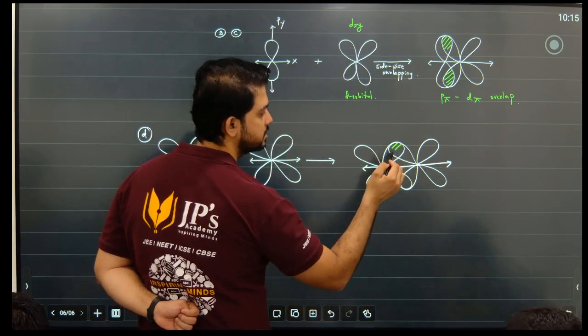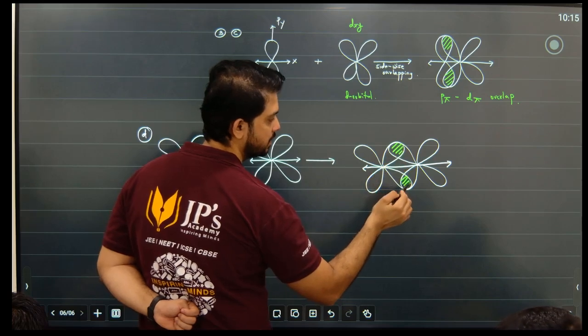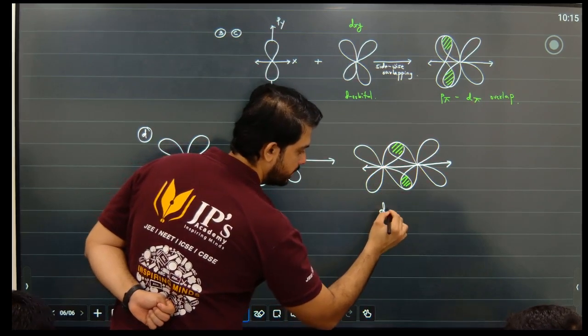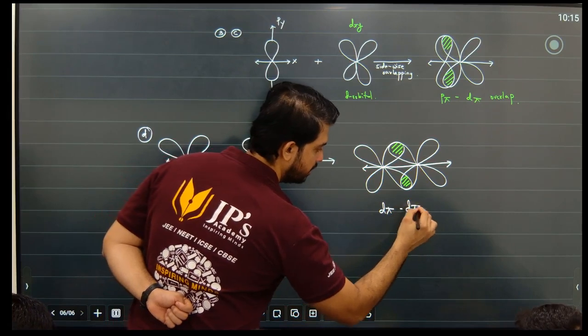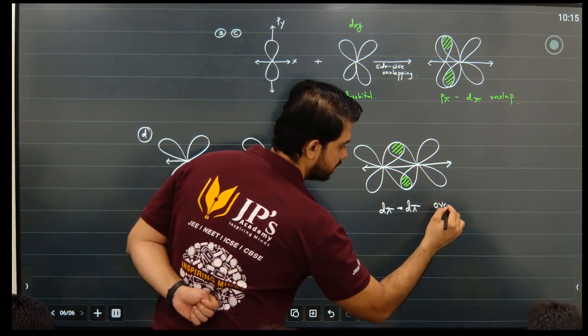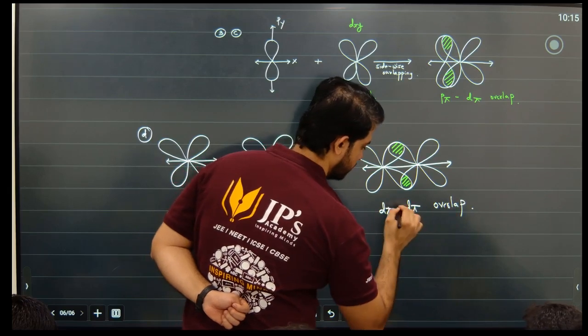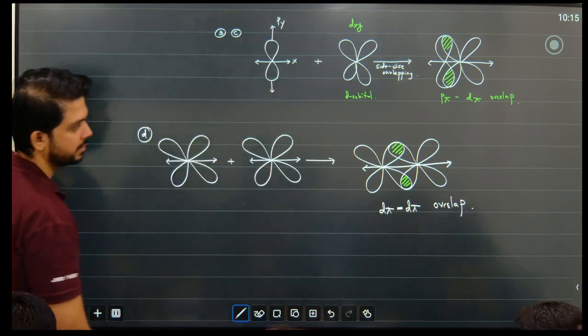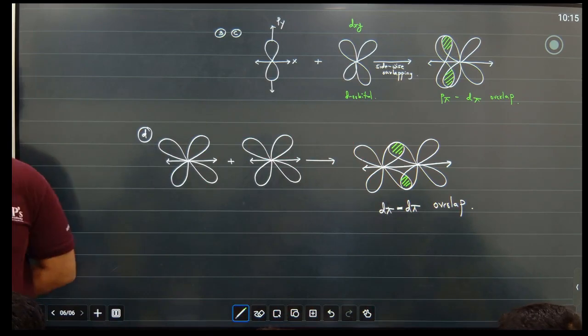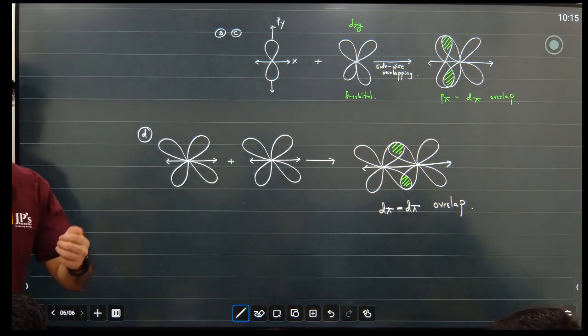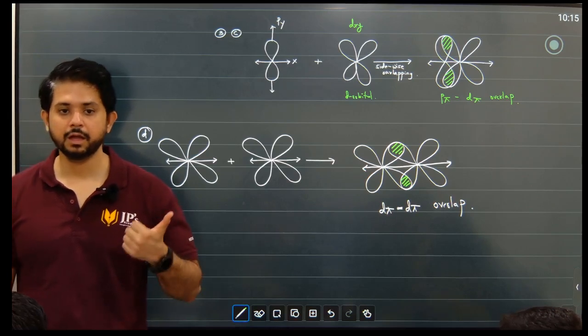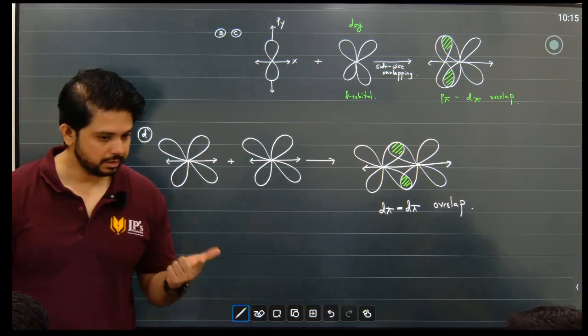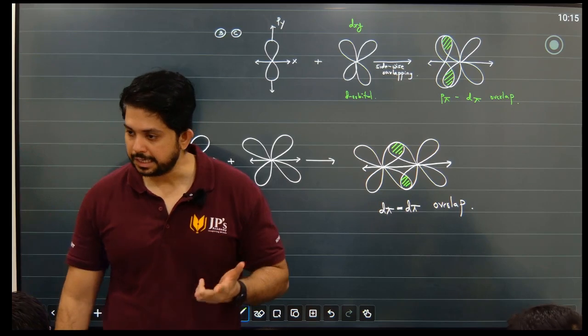This will be called d pi overlap. So pi bond formation takes place between p pi, p pi and d pi, and then finally d pi d pi overlap.